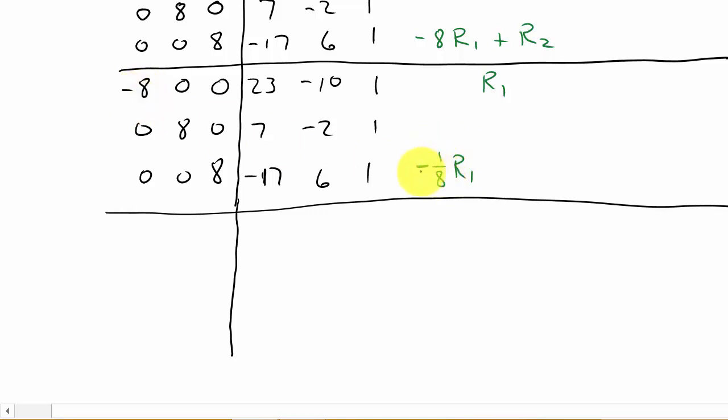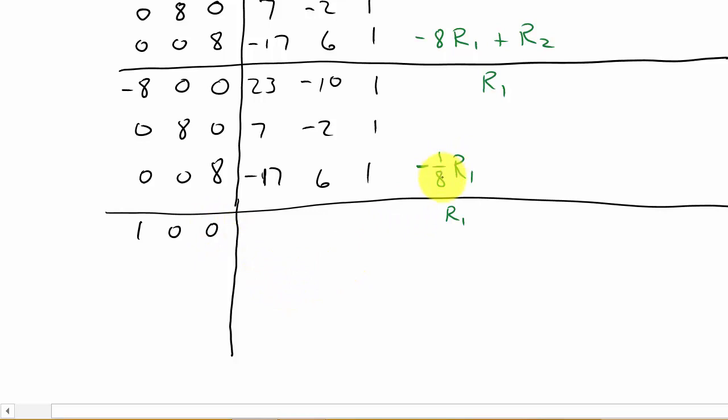And when I multiply the negative 1/8 times row 1, I'm also going to replace row 1 with whatever that is. So negative 1/8 times negative 8 is 1. That times 0 is 0. So 1, 0, and then negative 1/8 times 0 is 0.